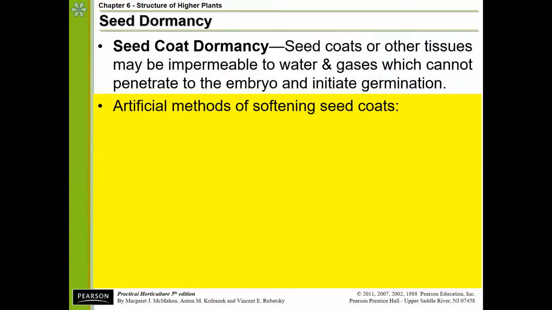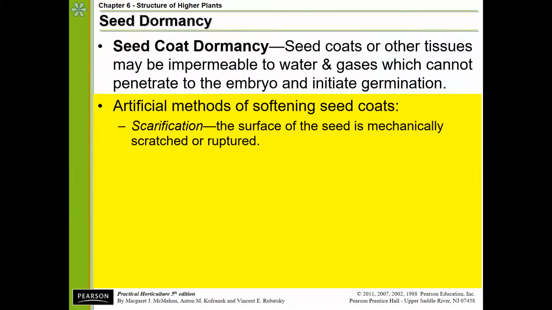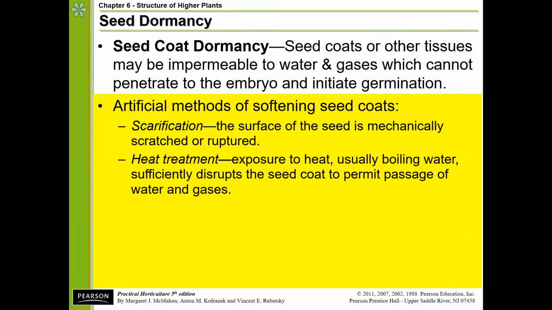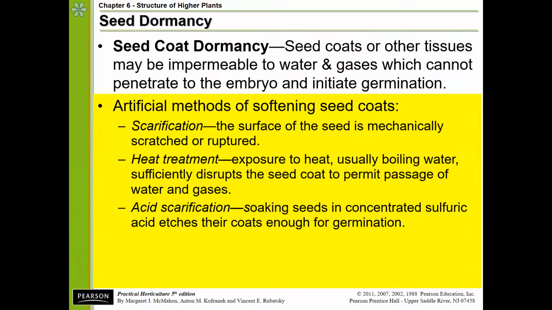When we talk about seed and what we do with seed, we have a few different methods of preparing seed to overcome dormancy. Dormancy is extremely important because it allows us to store seed.